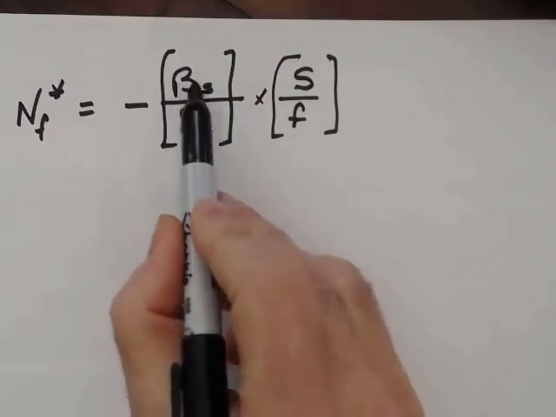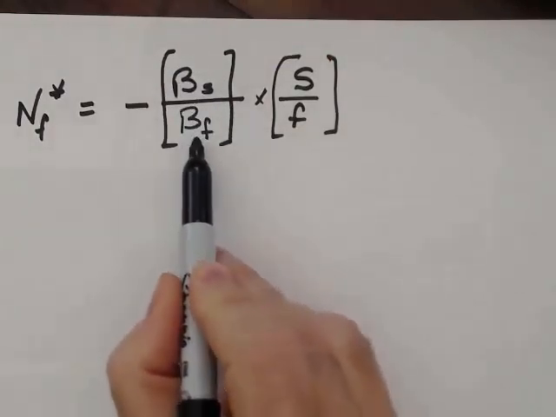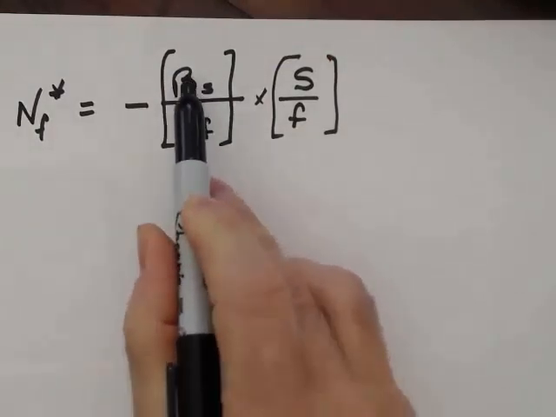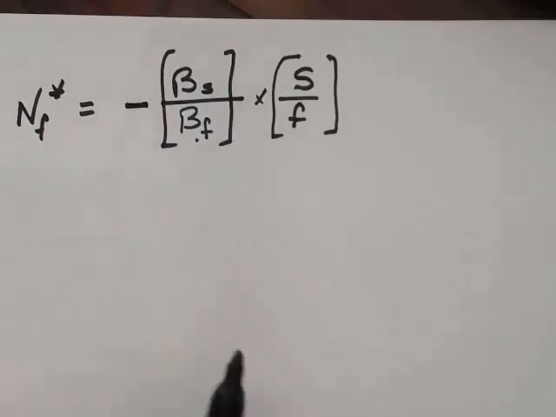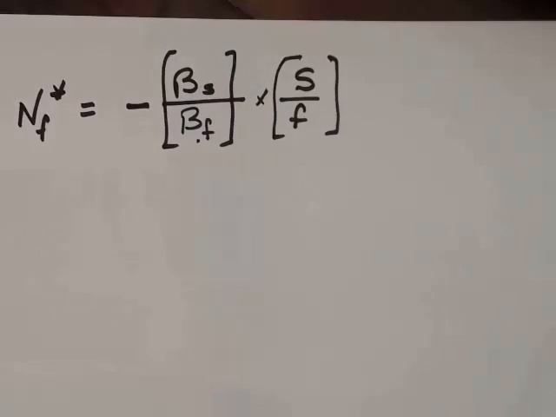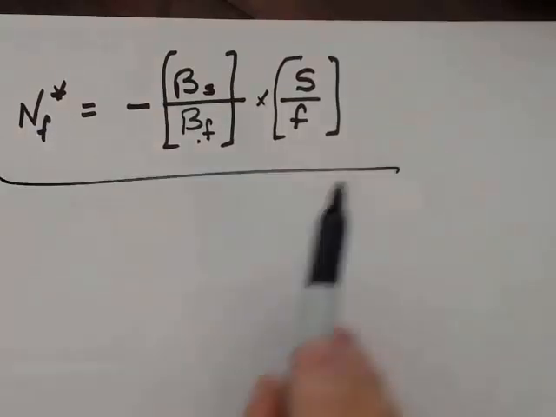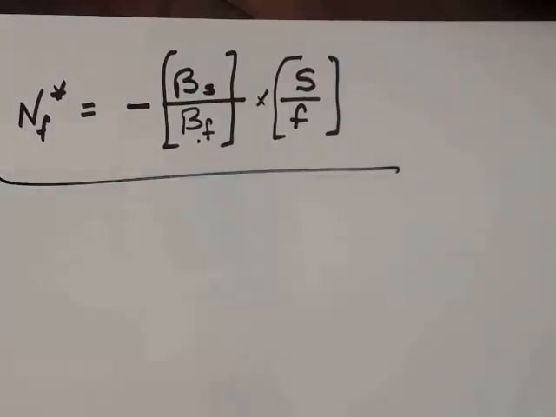If this number is really high, you're going to need more futures contracts to absorb that extra volatility and risk. And obviously, you need a negative position. So if you're long in the spot market, you have to take a short with the futures contracts so that they offset. That's very intuitive and consistent with what we just saw.